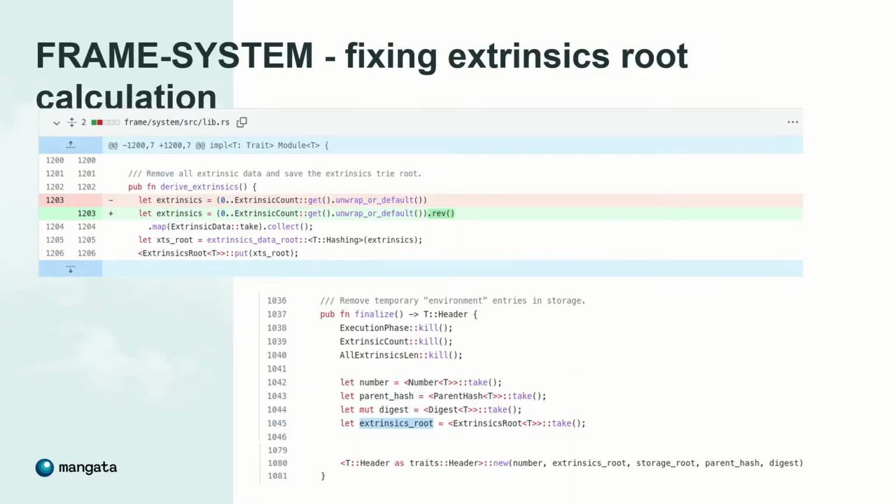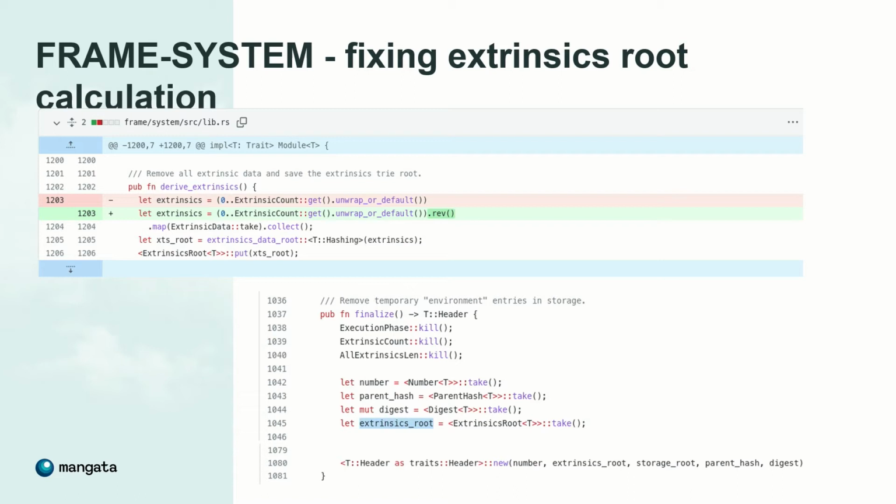As you can see here, those code samples came from frame system, and there's the ref extrinsic method that basically takes the list of all transactions executed between block initialization and block finalization, and it's used for calculating the extrinsic checksum.